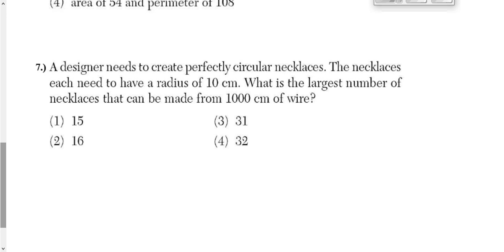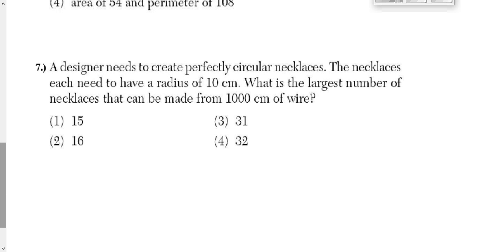Somebody got that? Yeah, okay. So, we need to get the circumference of these necklaces, right? To figure out how many of them can be made with 1,000 centimeters, right? You with me? If we know the circumference of the necklace, we can divide 1,000 by that circumference, right? Okay.